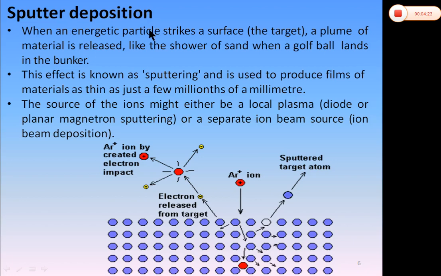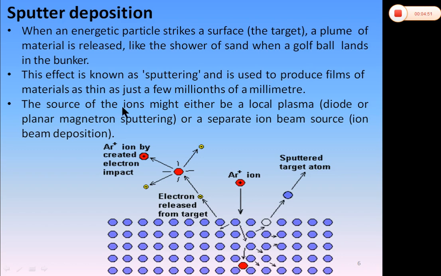Sputter deposition: when an energetic particle strikes a surface, the target, a plume of material is released, like the shower of sand when a golf ball lands in the bunker. This effect is known as sputtering and is used to produce films of material as thin as just a few millionths of a millimeter.